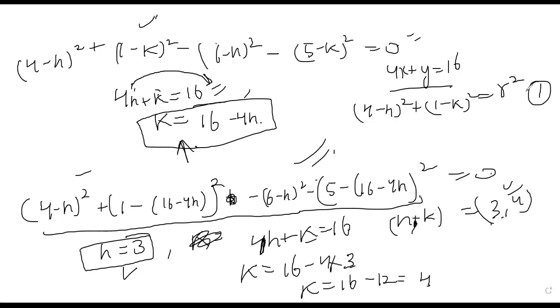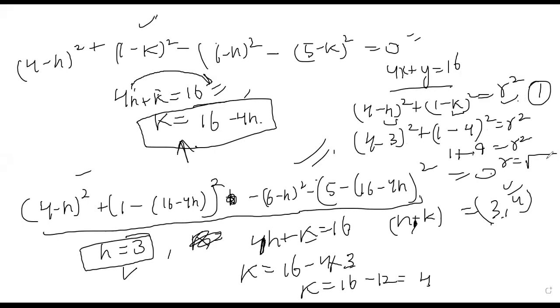This was our first equation previously. So now we know the value of h and k. So 4 minus h is 3 whole square plus 1 minus k is 4 whole square equals r square. So 4 minus 3 is 1, plus 1 minus 4 is minus 3, but minus 3 whole square is plus 9, equals r square.